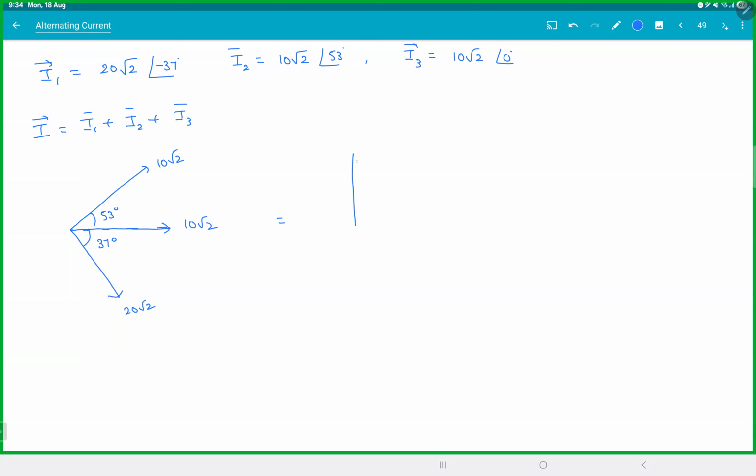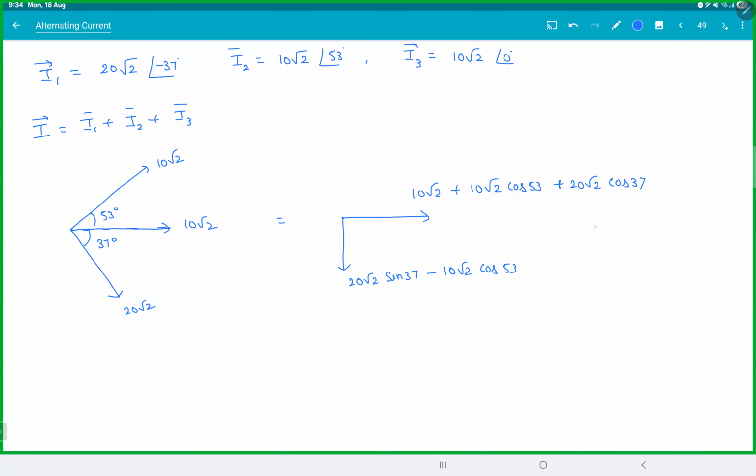So in the horizontal direction we get 10 root 2 plus 10 root 2 cos 53 plus 20 root 2 cos 37. In the vertical direction, 20 root 2 sin 37 minus 10 root 2 cos 53.